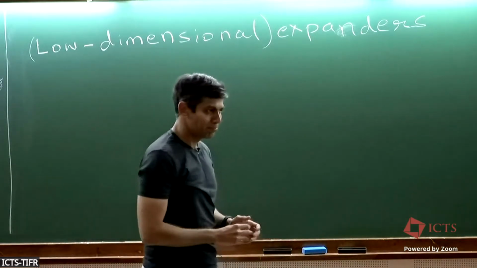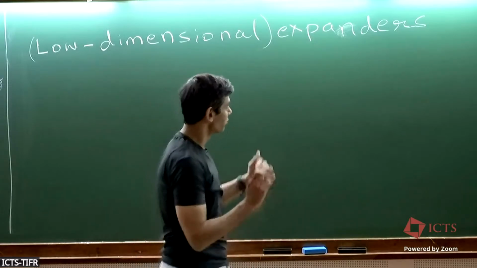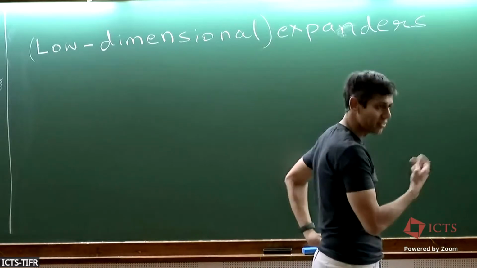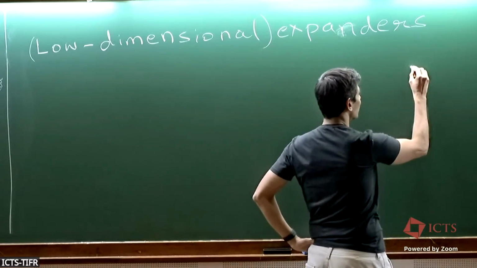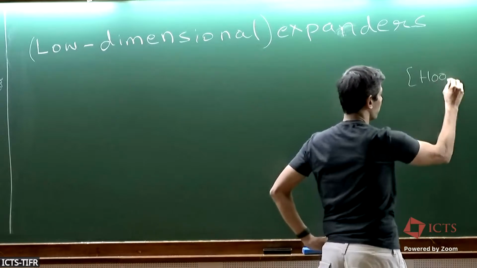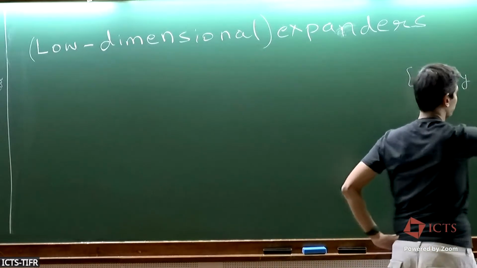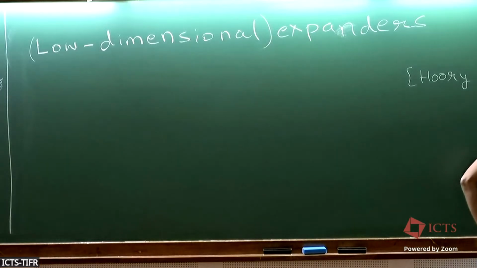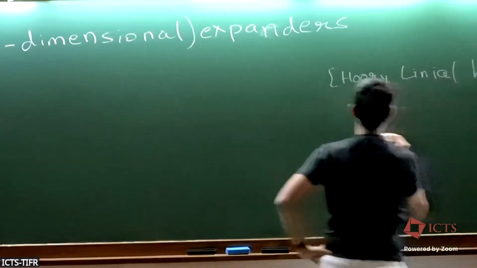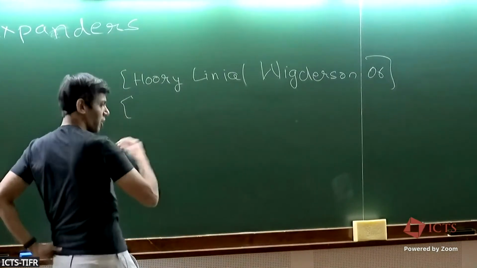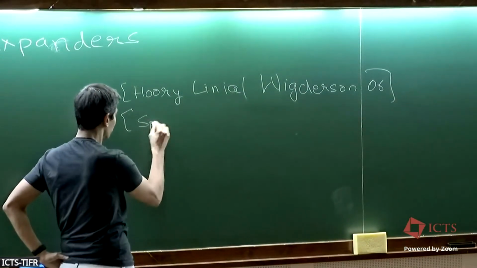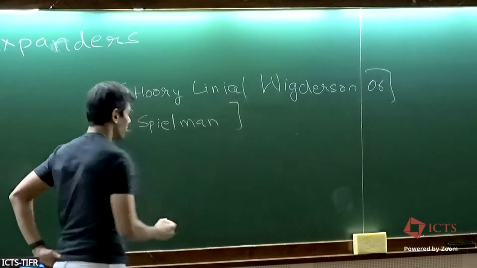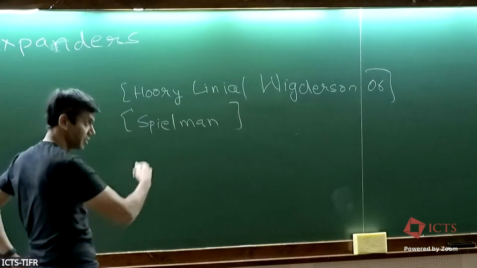I should say, if you don't like these lectures, there are actually much better sources available. So let me tell you some references to look up. There are some very detailed ones on expanders, and there are multiple courses, including a classic monograph by Hoory, Linial, and Wigderson. There is an in-progress book by Dan Spielman on algebraic and spectral graph theory, which is very nice, has some really nice constructions of expanders, analysis, and also more general properties.